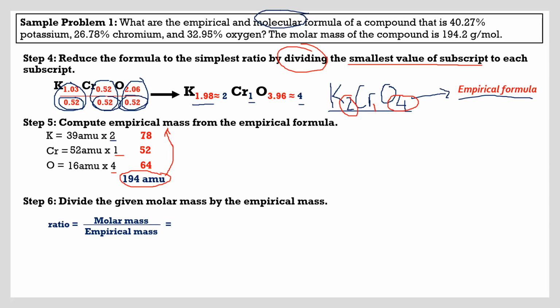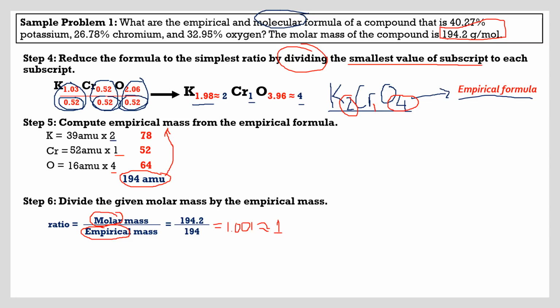The molar mass is already given in the problem. That is 194.2 grams per mole. And the empirical mass is the one we just computed, that is 194. So 194.2 divided by 194, that is 1.001, or approximately 1.